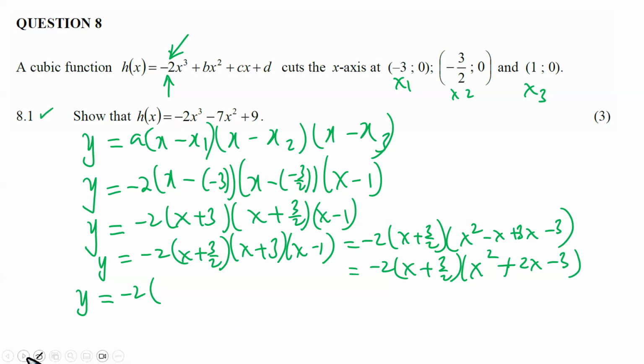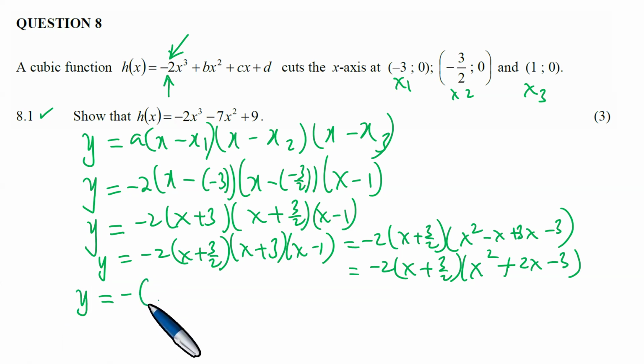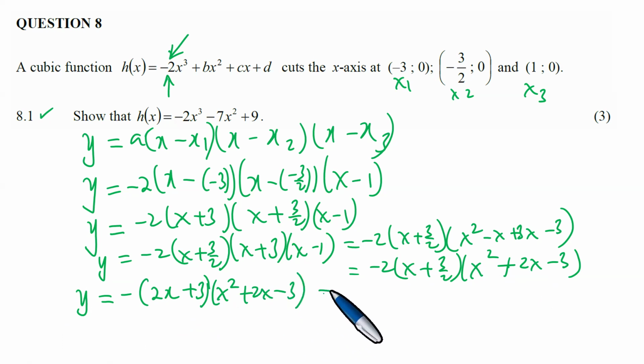the 2, okay, there's a 2 here, and this 2, you take it and you multiply 2 by x, 2x. 2 by 3 over 2, it just be 3. Okay, now this one, this is a trinomial, x squared plus 2x minus 3. Okay, we have this trinomial, and you perform further algebraic distribution.